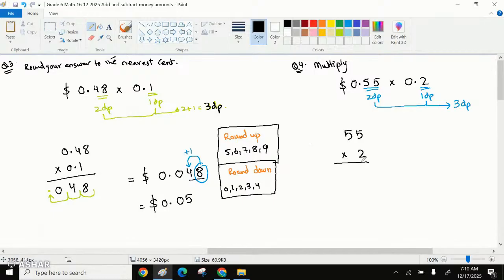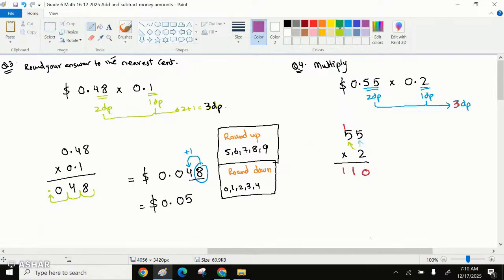So we know that 2 multiplied by 5 is 10. So we put down a 0, carry 1 to the tens. Again, 2 multiplied by 5 is 10, but we still have a 1 carried over here. That means it becomes 11 over here. And how many decimal places were there? There were 3 decimal places. So we move 3 decimal places towards the left.